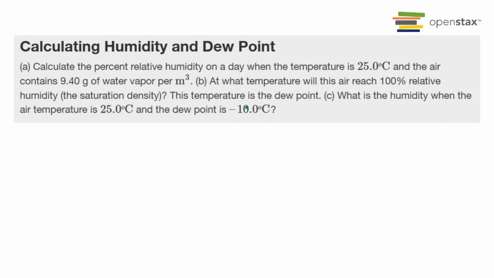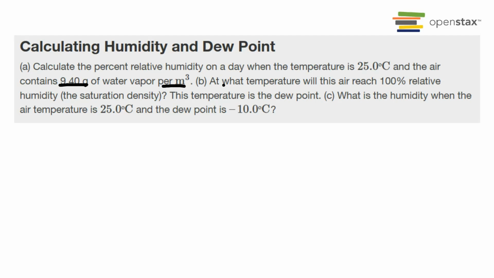All right, so let's figure out the humidity and dew point now that we've learned so much about this stuff. It says calculate the percent relative humidity on a day where the temperature is 25 degrees Celsius and the air contains 9.4 grams of water vapor per cubic meter.